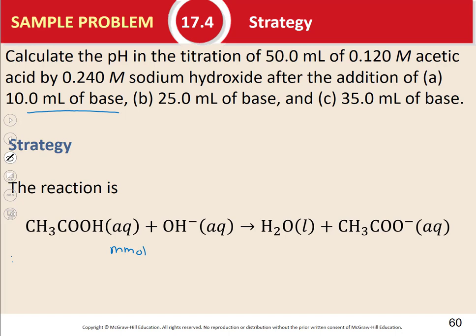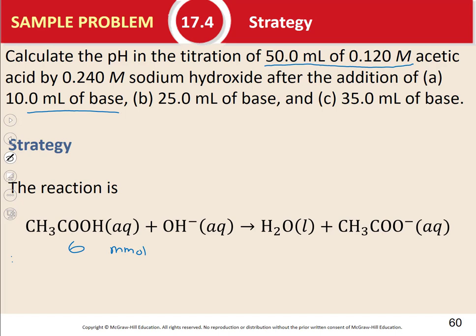How do we figure out millimoles of acetic acid? Millimoles are equal to what? Good, the milliliters times the molarity. So 50 milliliters times 0.120 molar is how many millimoles? 6, good. 6 millimoles of acetic acid.